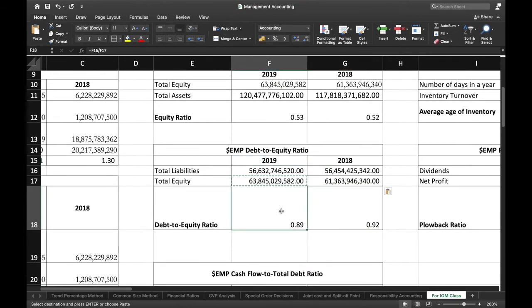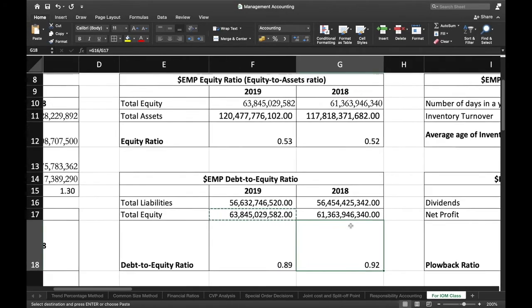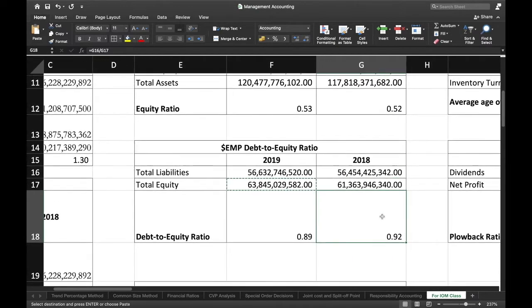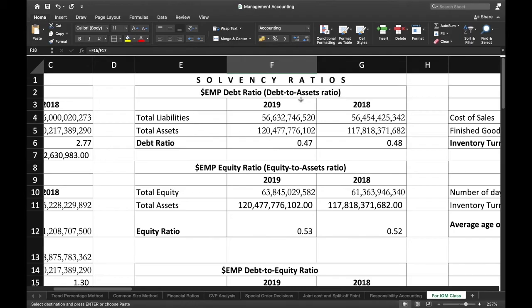Ano pong ibig sabihin? Nung year 2019, mas malaki ang fund na share ng creditors. Dahil 0.92 ang ratio natin versus sa owner. Bumaba nung year 2019. 0.89 na lang. Kasi nga dito sa ating debt to assets ratio na bumaba rin.